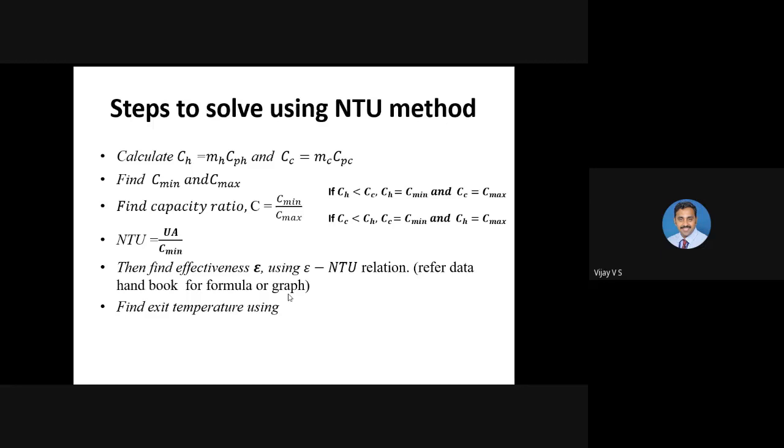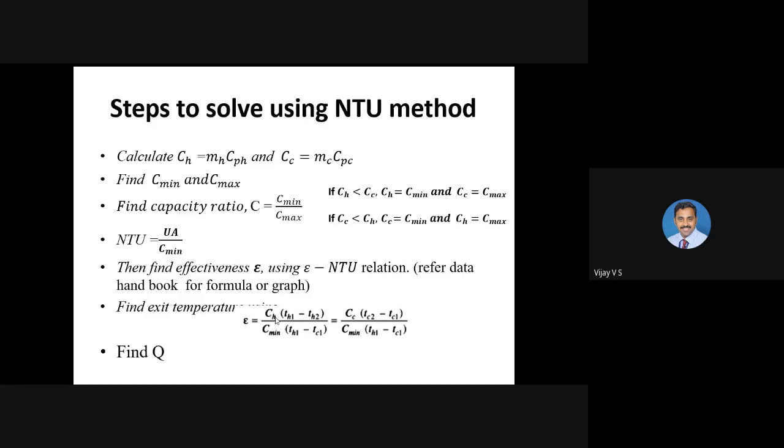So finally, the NTU method is used whenever we don't know the exit temperature of the hot and cold fluid. Once you know the effectiveness, we can find out the exit temperature using this formula. So two formulas are there. You can use either of these two formulas, depending upon which is C minimum and C max.